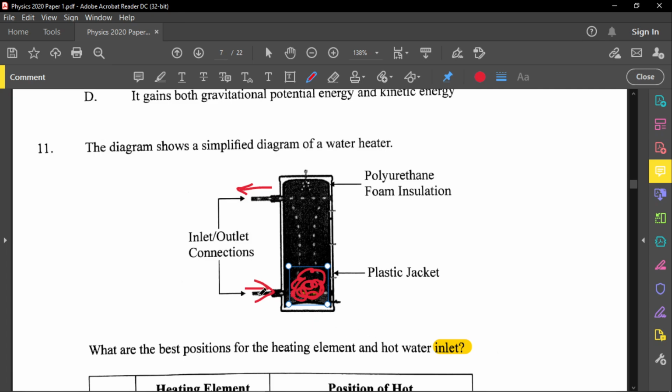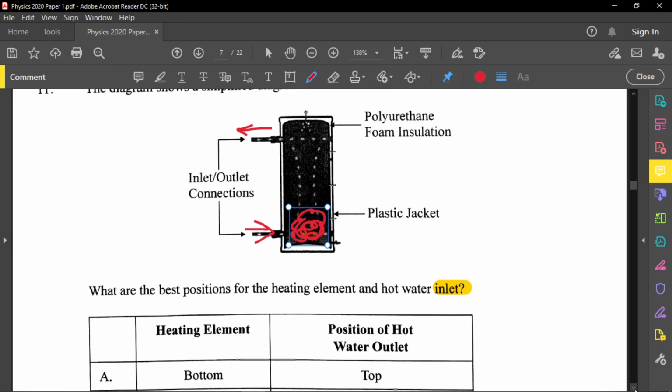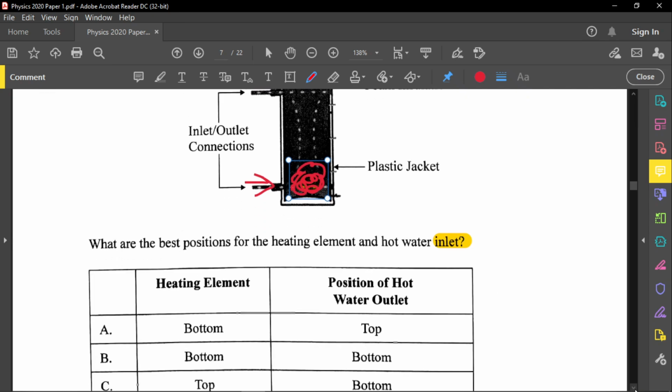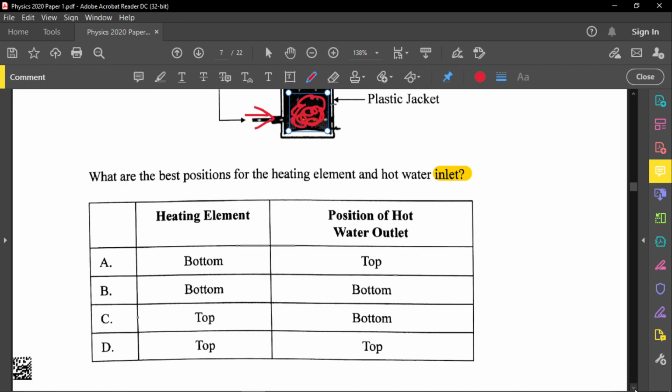So as the cool water comes in, it gets warmed by the heating element. And so the warm water will rise naturally, because they have more kinetic energy and they will move and rise to the top. Okay, so let's see which option here best describes what you just explained. So again, the heating element at the bottom and the inlet should be at the bottom as well.